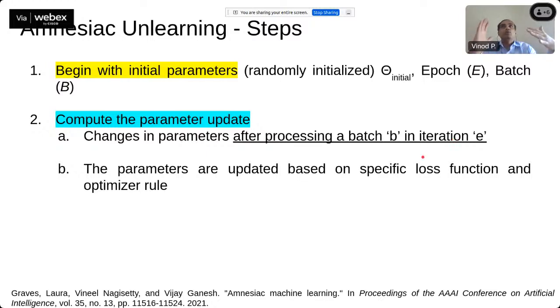We pass the data, and at the output of the model we compute the difference between the actual label and the prediction. That difference is basically called an error.